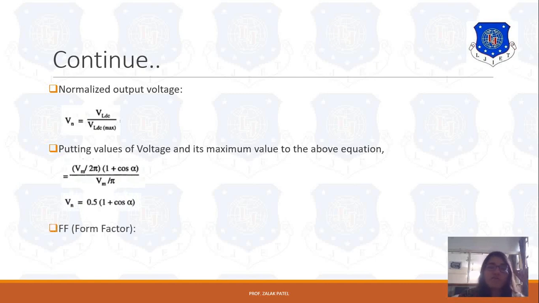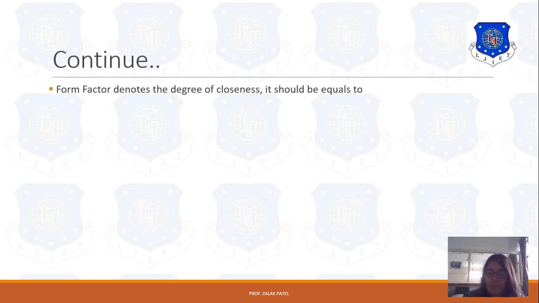Next is the form factor. Form factor is the ratio of RMS voltage to the DC voltage. Here again the input voltage will be considered, and in the numerator the root mean square value will be considered. So it will be like this: Vm upon 2 into 1 upon pi into pi minus alpha plus sin 2 alpha divided by 2, raised to 1 by 2, upon Vm upon 2 pi into 1 plus cos alpha.